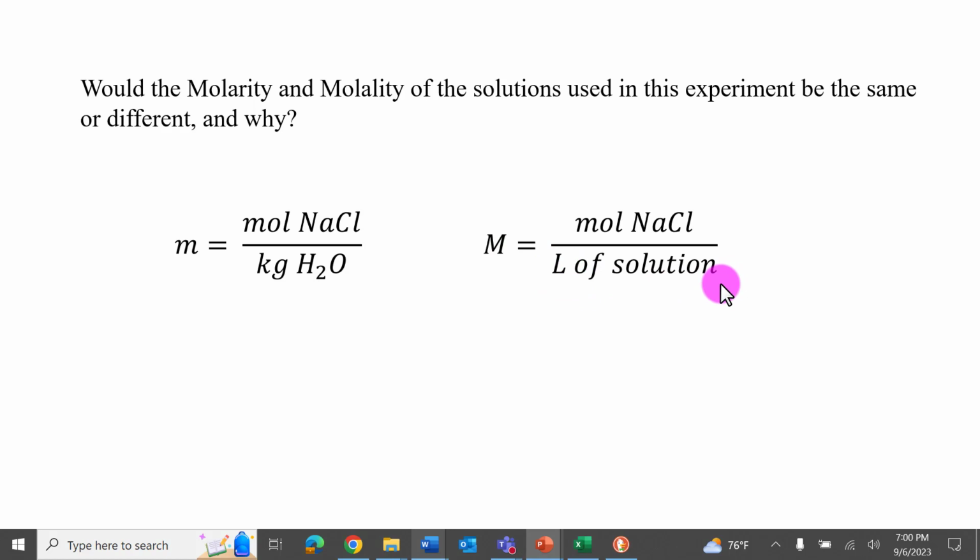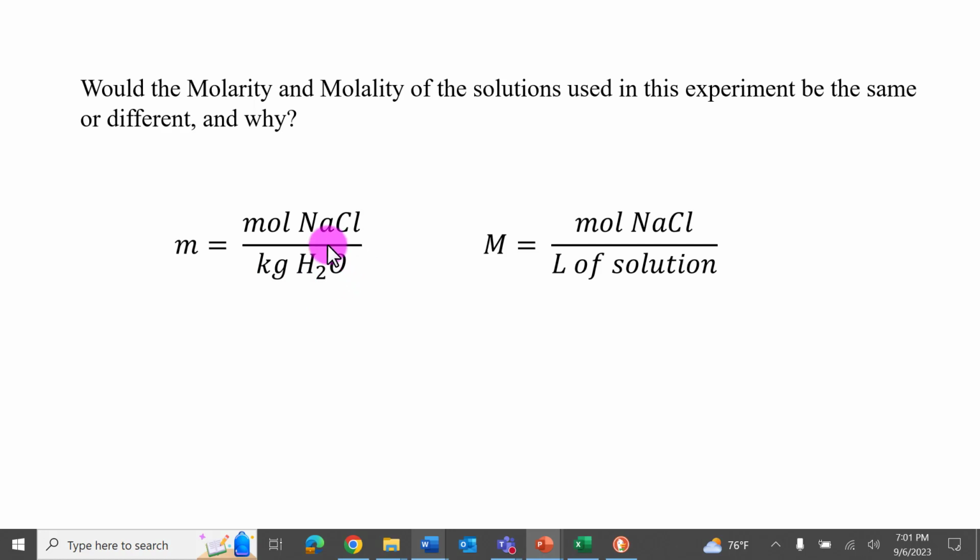Now, you have to think about whether you have pure water or not. There are some assumptions that we have to make. If these things are to be the same, we have to make assumptions. If we don't make these assumptions, they will be different. So is it liters of solution or is it liters of water?